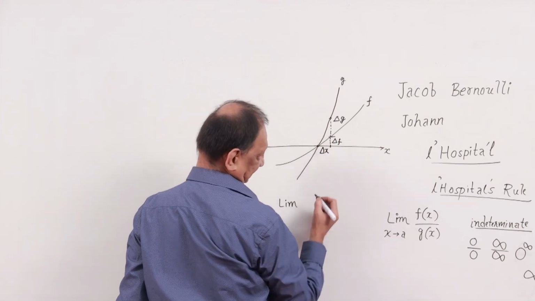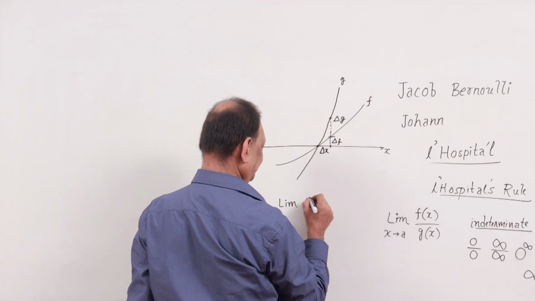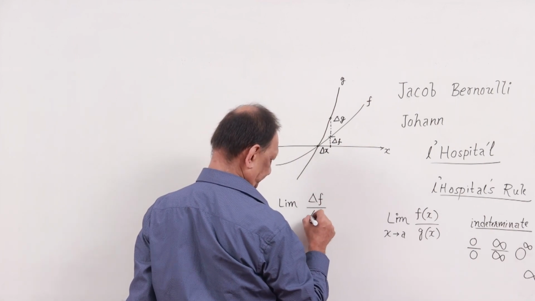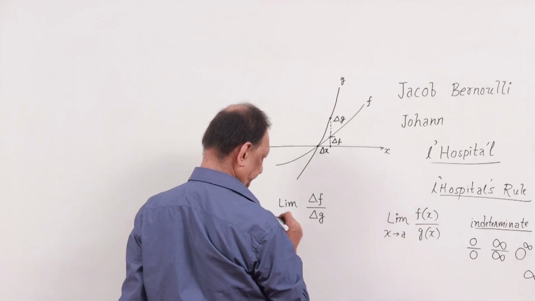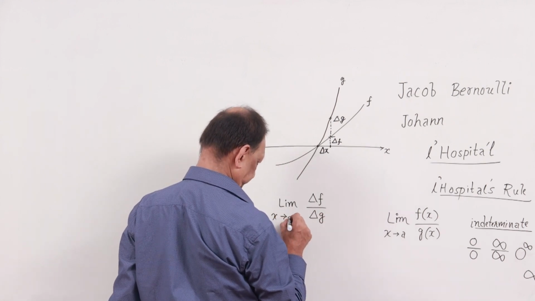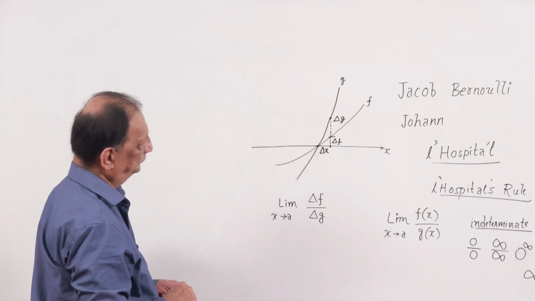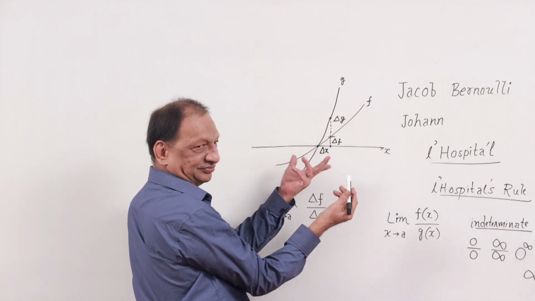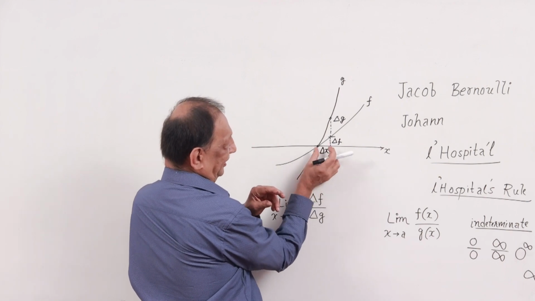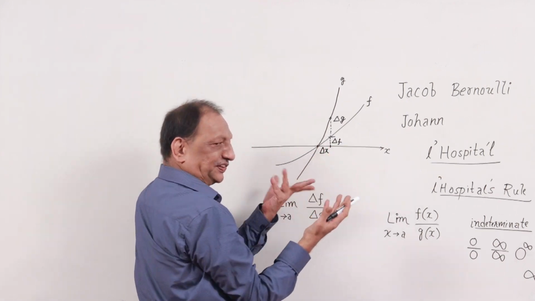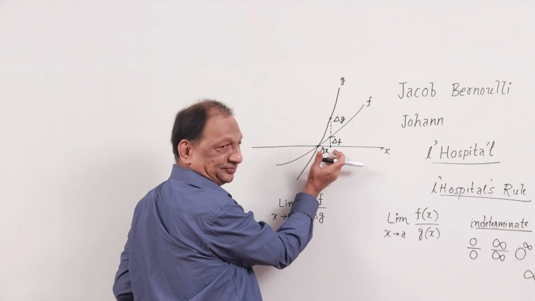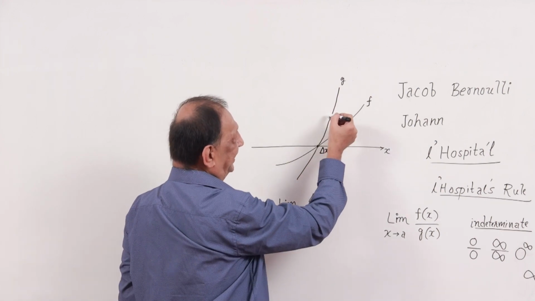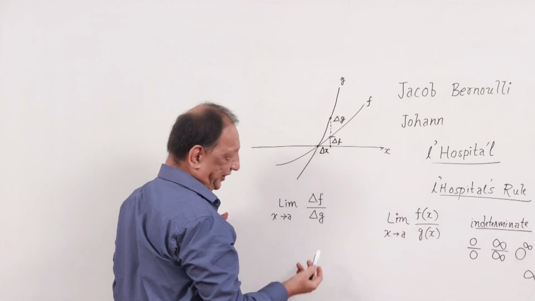That is the height, correct? Because this is the 0 point and I've got a delta x, the value itself is delta f. Similarly, this value itself is delta g. So I'm dividing delta f by delta g. That is what I'm doing here.